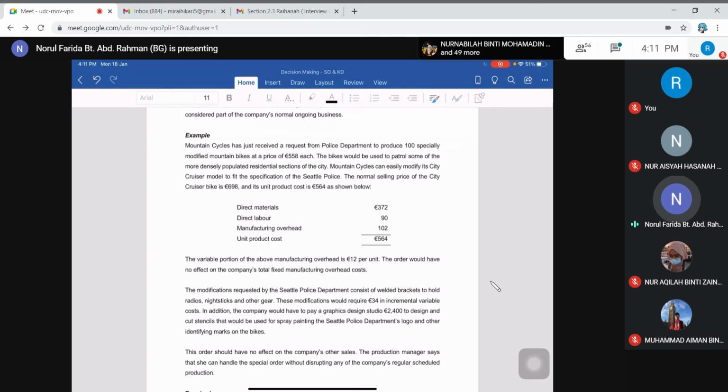The normal selling price of the city cruiser bike is 698. Okay, itu normal selling price dia, and the unit product cost of 564 is as shown below. Direct materials is 372, direct labor is 90, and manufacturing overhead is 102. So unit product cost is 564.